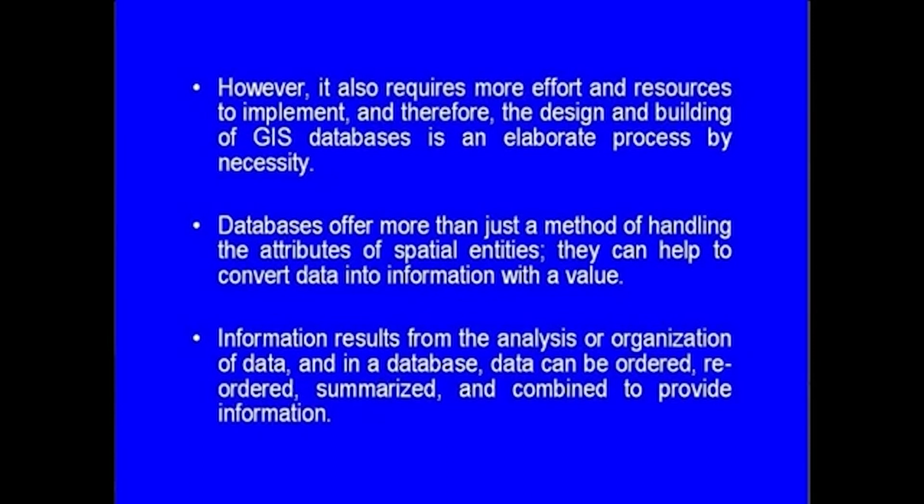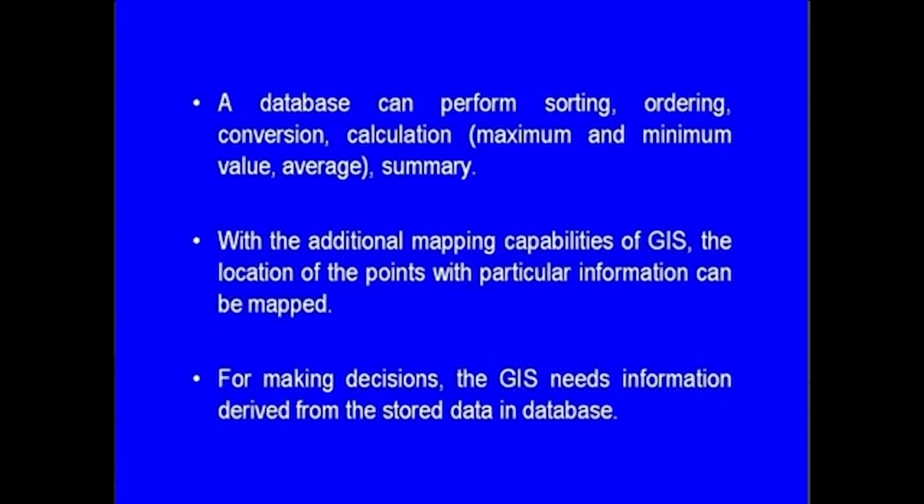Information results from the analysis or organization of data, and in a database, data can be ordered, reordered, summarized and combined to provide information. A database can perform sorting, ordering, conversion, calculation such as the maximum and minimum value, the average, etc., and summary.